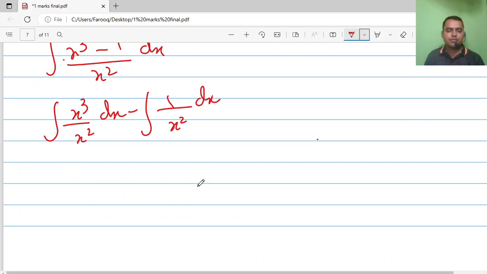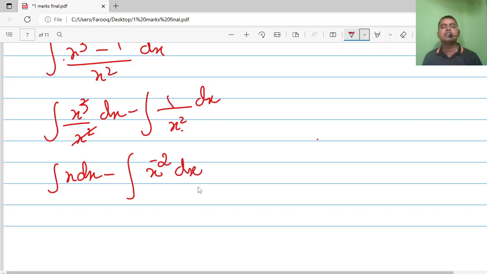Here x square cancels, only one x remains in the numerator, that is x dx, minus this 1 by x square I will take into the numerator so that the power will become negative.